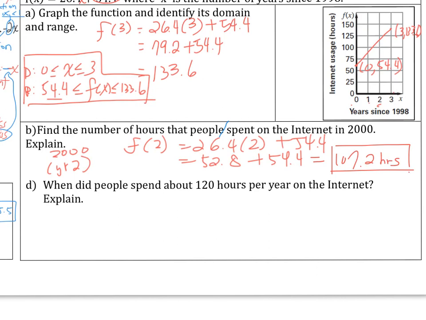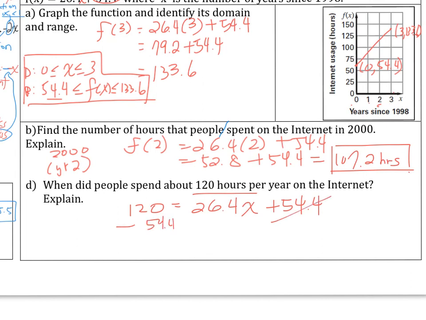The next one. When did people spend about 120 hours per year on the internet? So in this way, it's just the opposite. We need to substitute f of x for 120 and find out the time. So we subtract 54.4 from both sides.